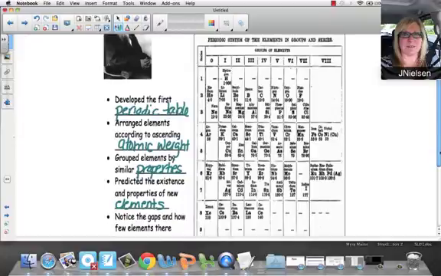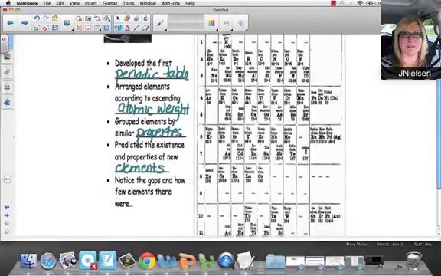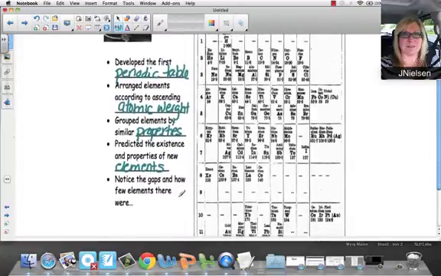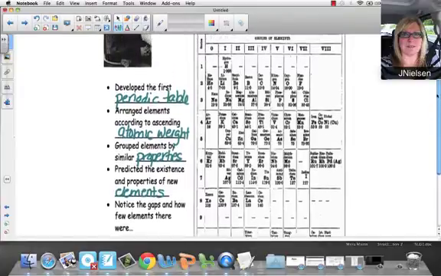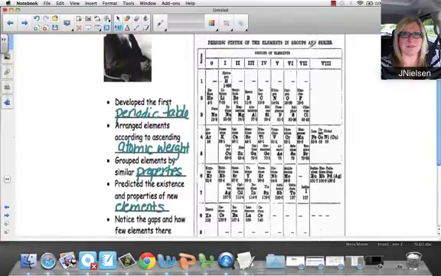And what he noticed is that there were gaps and how few elements there were. So you can see in this crude design of the periodic table, here are the different groups he had. So he had helium and neon and argon in the same group, and krypton and xenon.